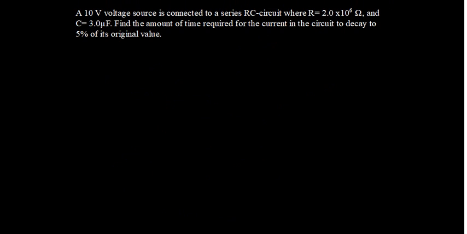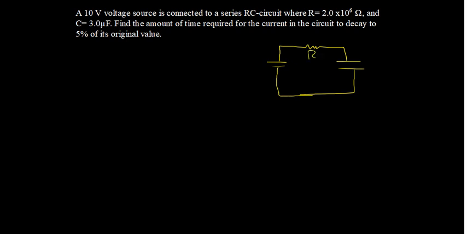Find the amount of time required for the current in the circuit to decay to 5% of its original value. Okay, here we go again. It is a charging procedure here, because I have a battery with a resistor and a capacitor, all connected in series.